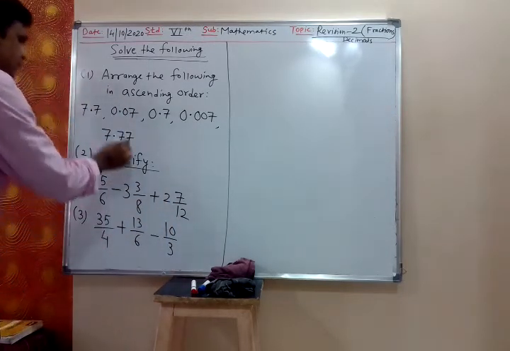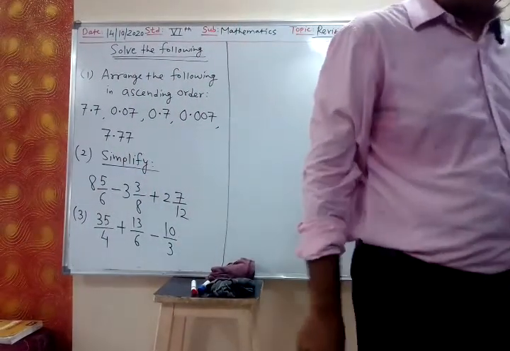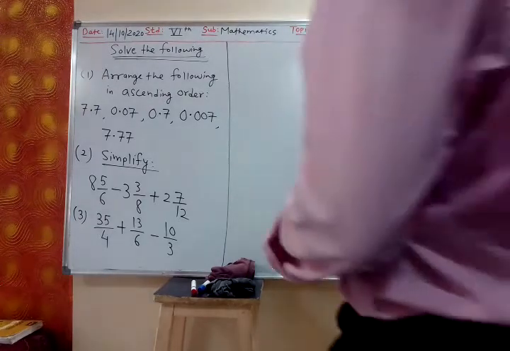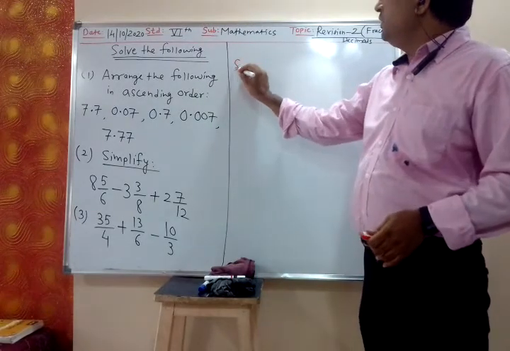These two we have to simplify and this we have to arrange in the ascending order. So three questions we will revise. Now start solving the first. One by one we'll solve these three questions.